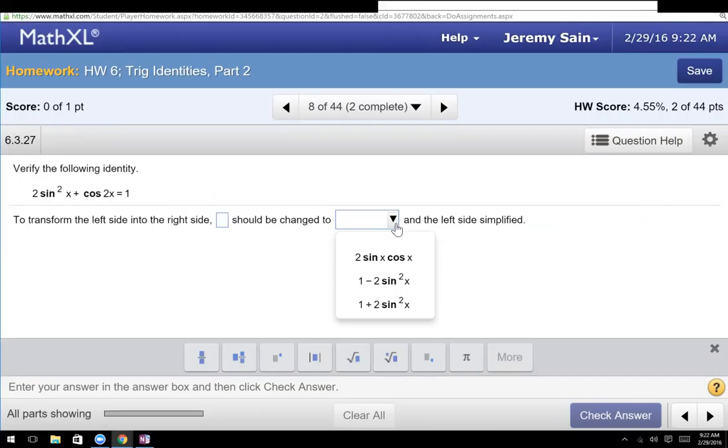But we have 1 minus 2 sine squared, and we have 2 sine theta cosine theta. So, which one goes with something that's in the problem to start with? 2 sine x cosine x is the formula for what?